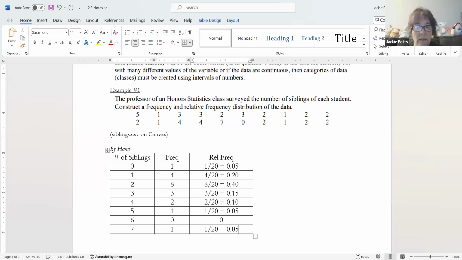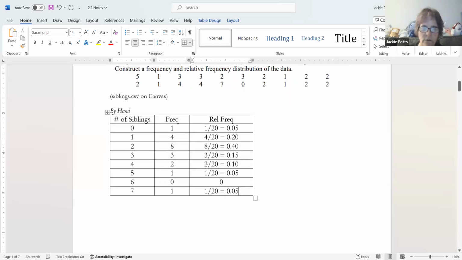There's a probability table later in chapter 7 or 6. It has to equal 1, but a relative frequency does not. It has to be about 1, because all the pieces together should equal 1, but when you've got rounding, sometimes with relative frequency, we come off just a hair off. But that's our frequency and our relative frequency.